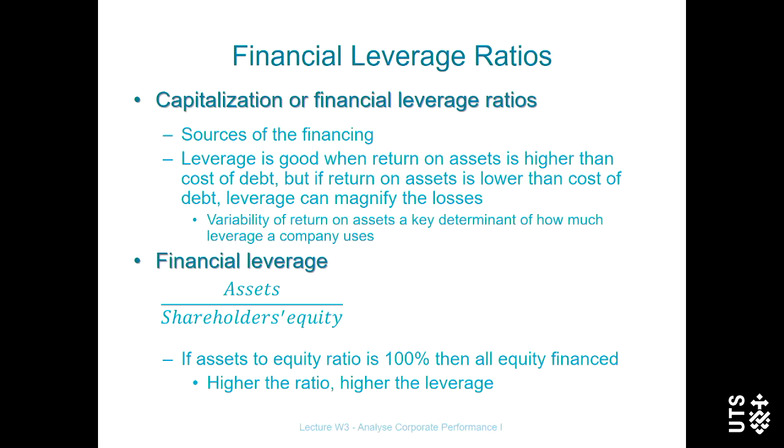Right? So this should clearly be 1 if the company has no debt. If a company is entirely financed by equity, this number will be 1. And this number would be higher than 1 as the company has liabilities, such as debt.